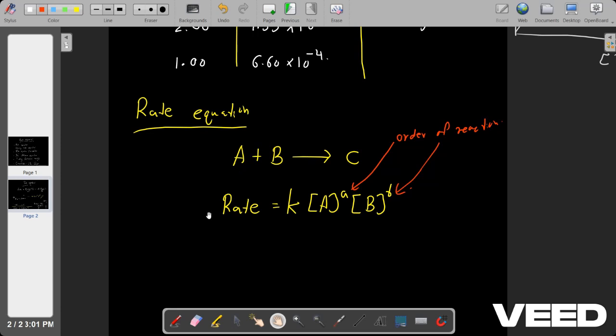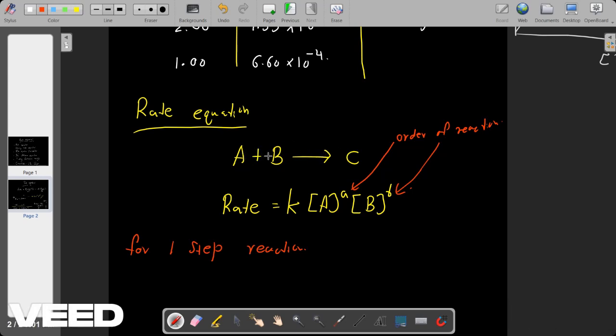For one-step reactions, meaning in a single step A and B are reacting and becoming C, when you balance this equation, we get coefficient values. For example, let's say for A you get a, for B you get b.